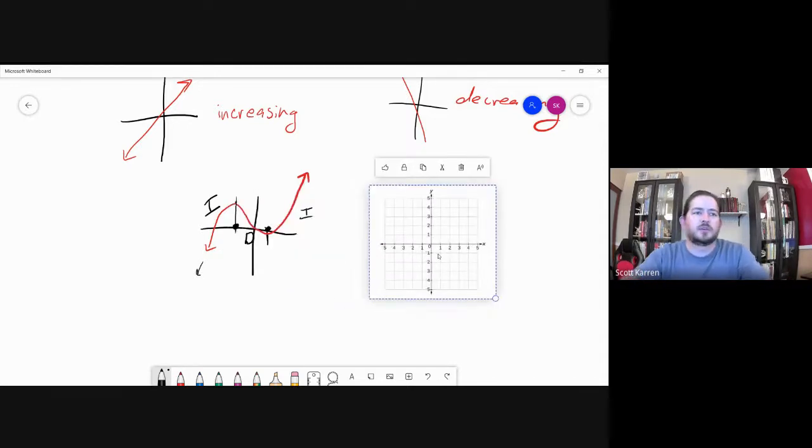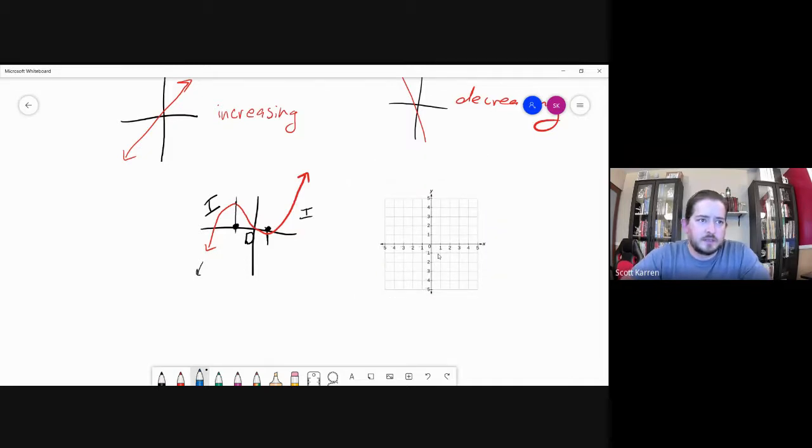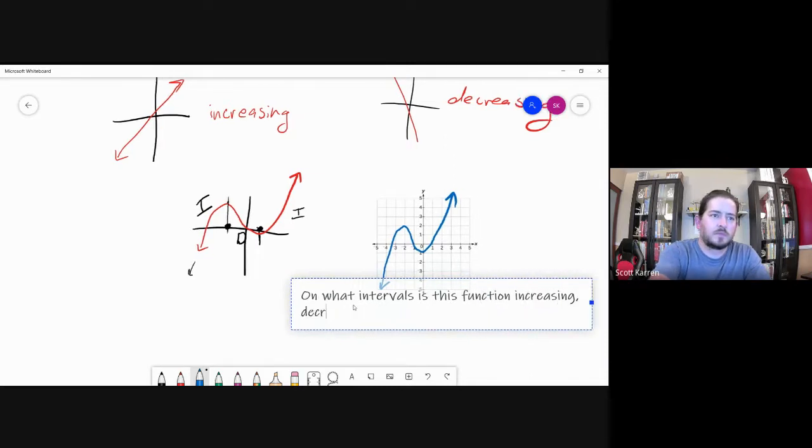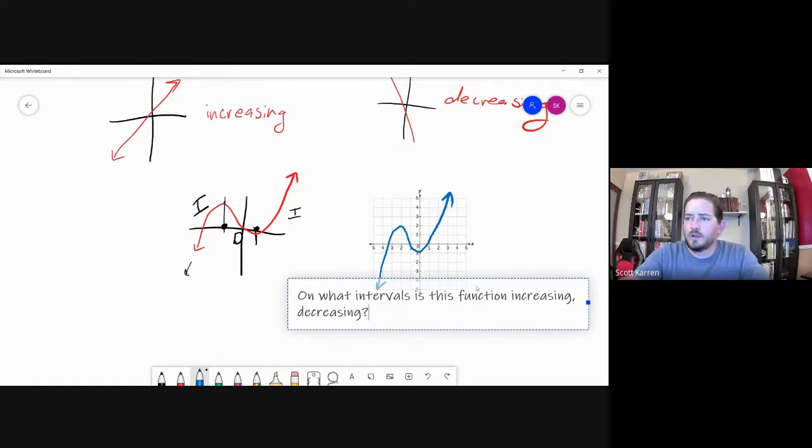All right. So if I have some function that I'm going to plot on this thing, let's say it goes off forever. It does something like this, and then goes off forever that way. Right? Now, we might be asked this question: what intervals is this function increasing or decreasing?